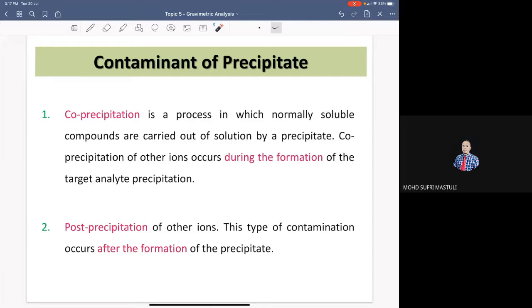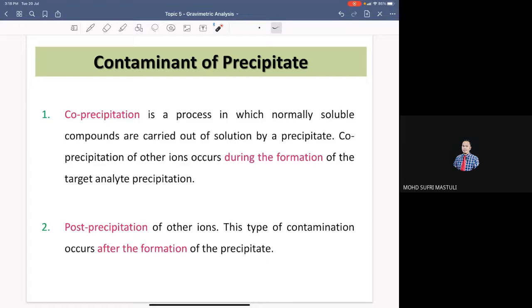So it is co-precipitation, or post-precipitation of other ions. So the other ion is the contaminant of the precipitate. It can be co-precipitation or it can be post-precipitation.